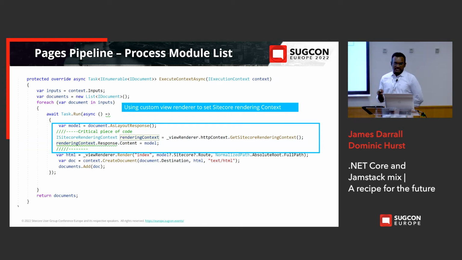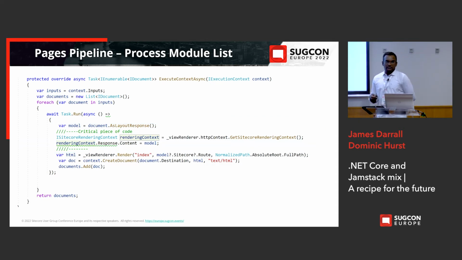As you're seeing in the first line, it reads the layout response, and using the custom view renderer, it binds the layout response into the rendering context. Once the layout response is set to the rendering context, the remaining process is the same: the view renderer converts this layout response into a static HTML document.